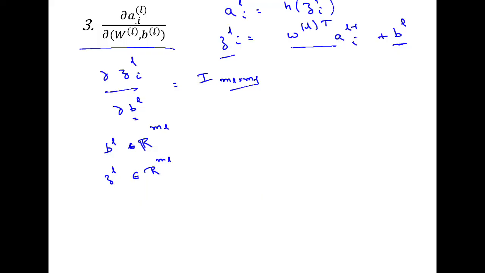Del of ZL UI with respect to del of WL, not UV, I have to use other indices. Let me use R and S, okay? Because this will become a 3-dimensional matrix, a tensor. But anyway, let's unfold it.